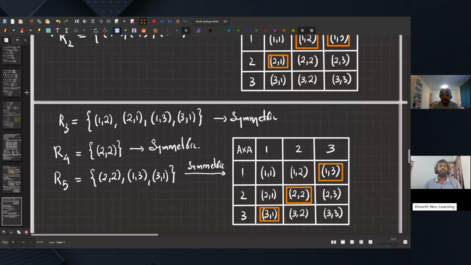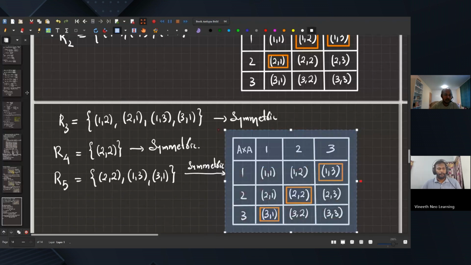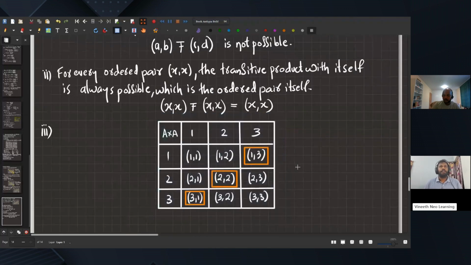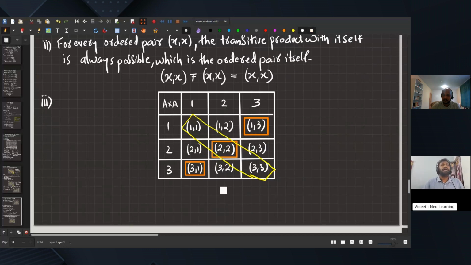Let's take a diagonal element, meaning (x, x). For example, (2, 2).